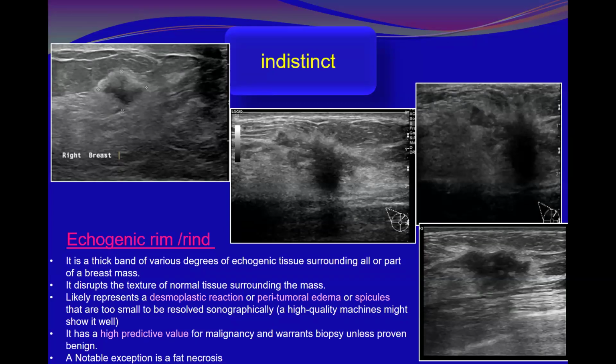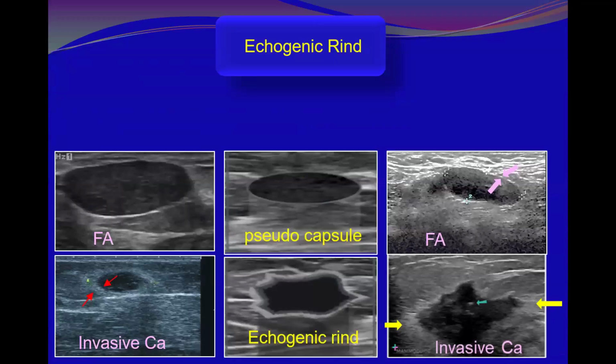As we have mentioned, it has a high predictive value, 74% for malignancy, and therefore warrants biopsy until proven benign. Why? Because there is a notable exception in fat necrosis. If it is proven to be fat necrosis, then no need for biopsy. Otherwise, it has to be biopsied.